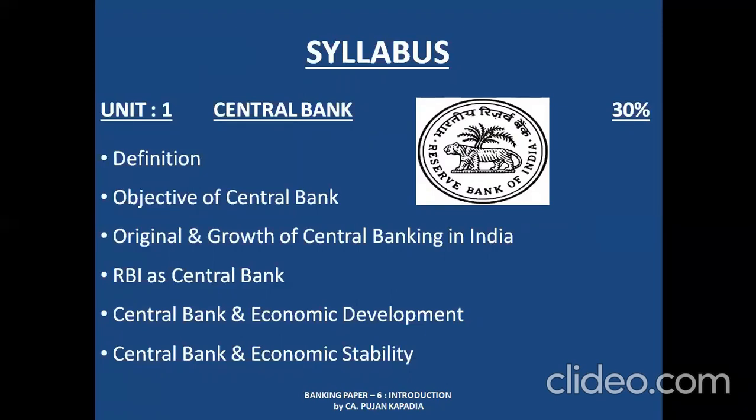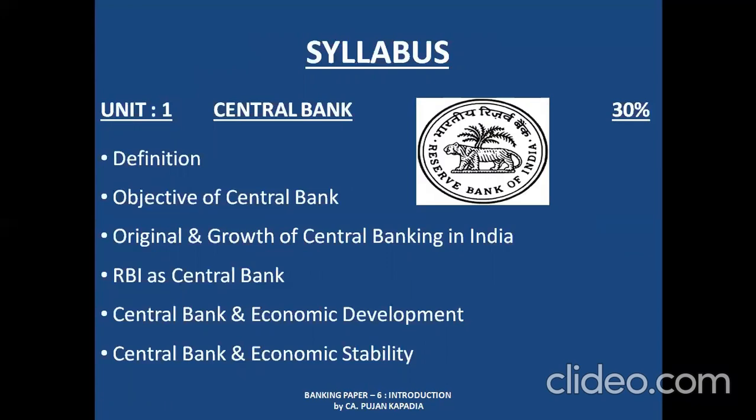The third topic that we are going to deal in this particular unit is origin and growth of central banking in India. Let's get into the past. I guess it was a 10th standard syllabus of social studies where you have crammed that RBI was incorporated in the year 1935 and RBI was nationalized in the year 1949.